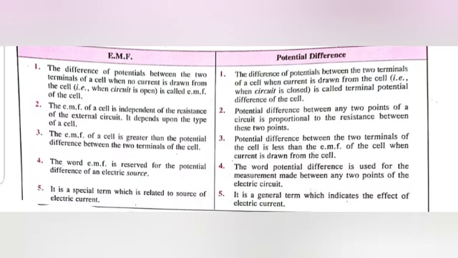And similarly for 4 resistances, the formula would become R by 4, and for 5 resistances it would become R by 5. So if we have n number of resistors, then the equivalent resistance would be R by n. And since we are dividing by n, the equivalent resistance would decrease. Hence in parallel combination the equivalent resistance always decreases.